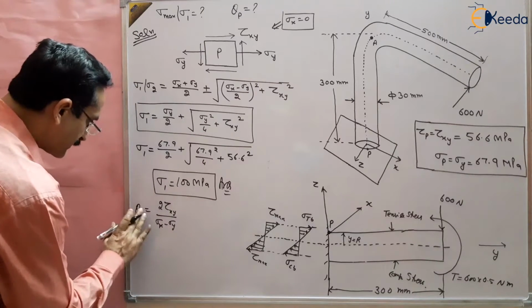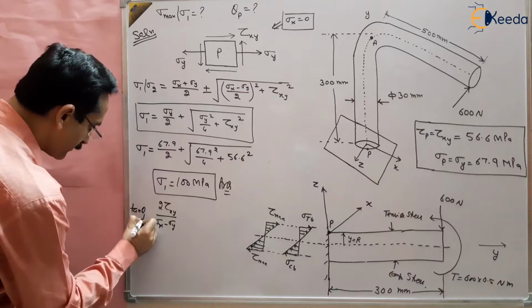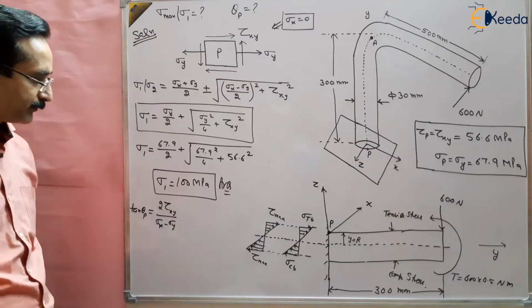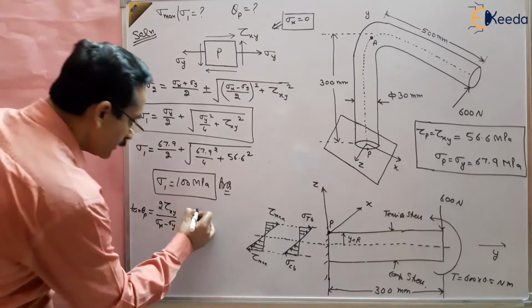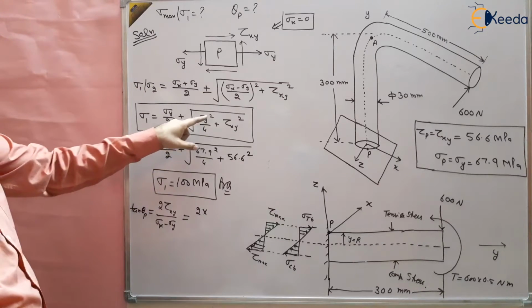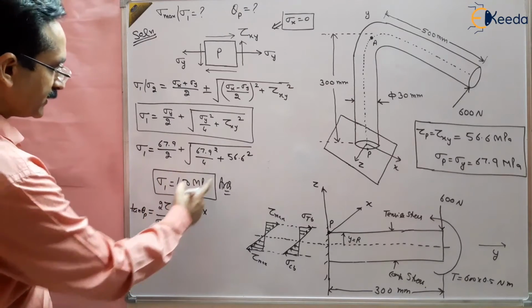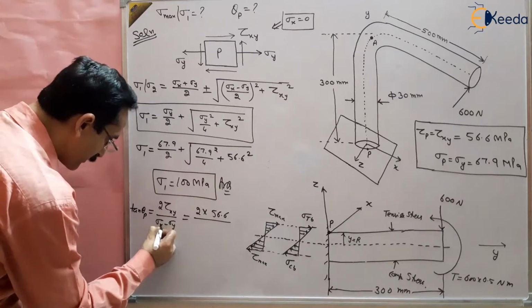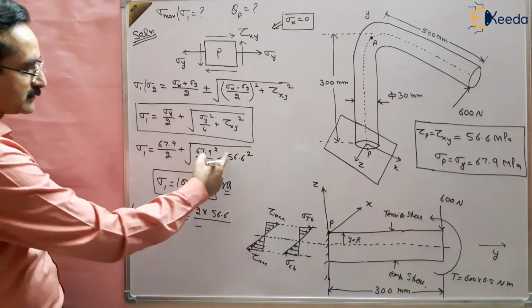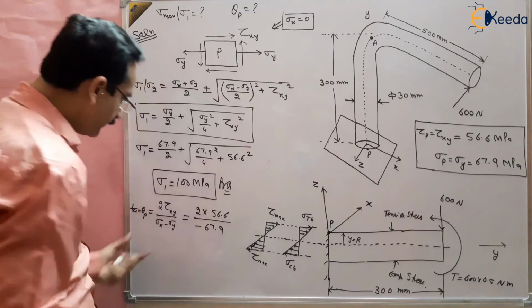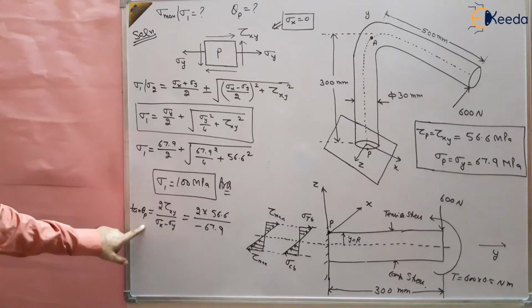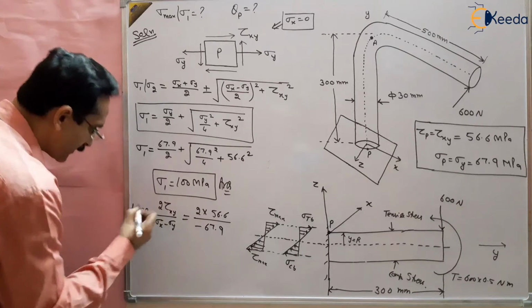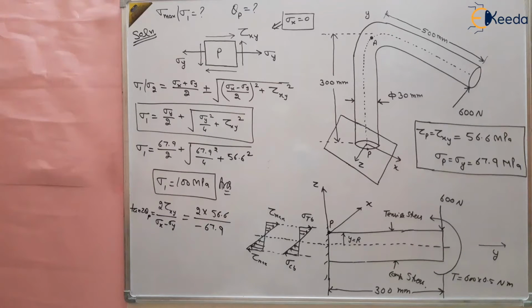So 2 times 56.6 divided by sigma x, which is 0, minus sigma y, which is 67.9. This is tan 2 theta p.